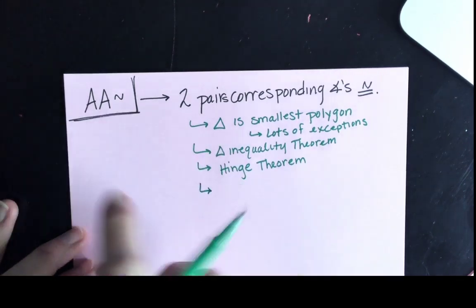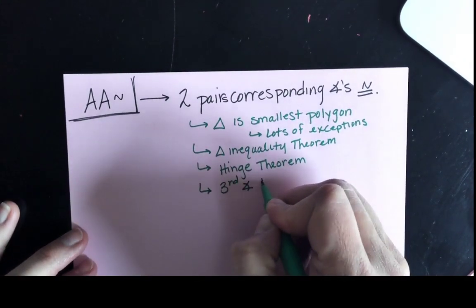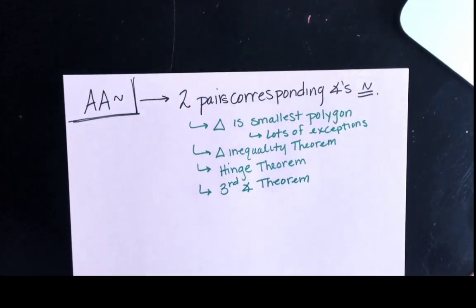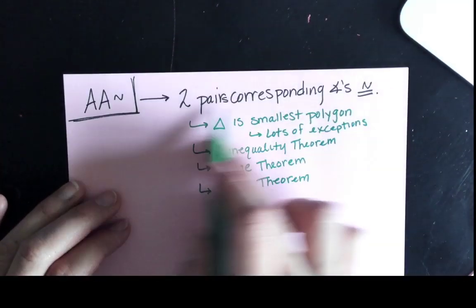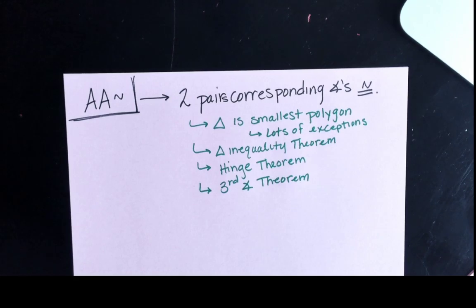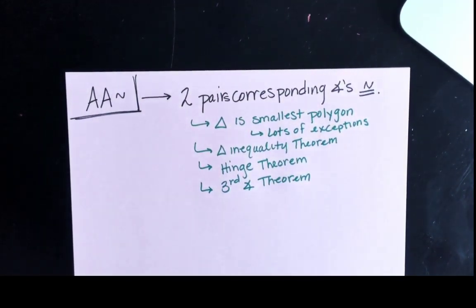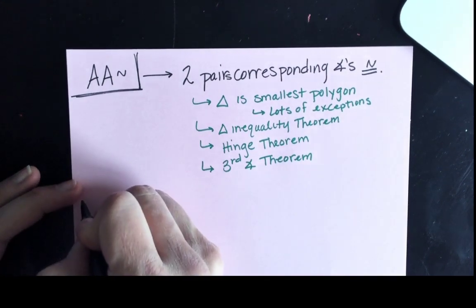And we also only need 2 angles because our third angle theorem comes into play, where we know if 2 of them are congruent, the third one's going to automatically be congruent. So the reason we only need 2 angles congruent to show similar is because all of these things come into play with triangles. So let's just look at 2 pictures, and we'll keep this really quick.